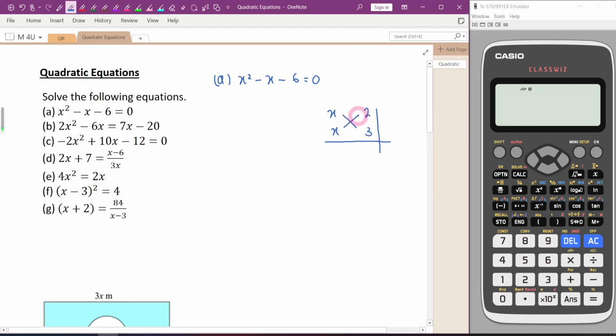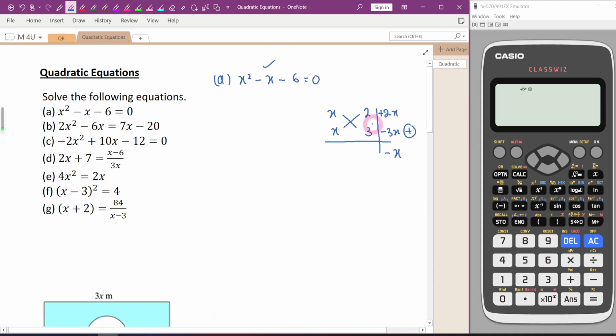Now, we do cross multiplications. 2x, 3x. The sum of these two terms is equal to negative x. Therefore, I know that here I have to put negative, here need to put positive sign. So these two add up together will give us negative x.